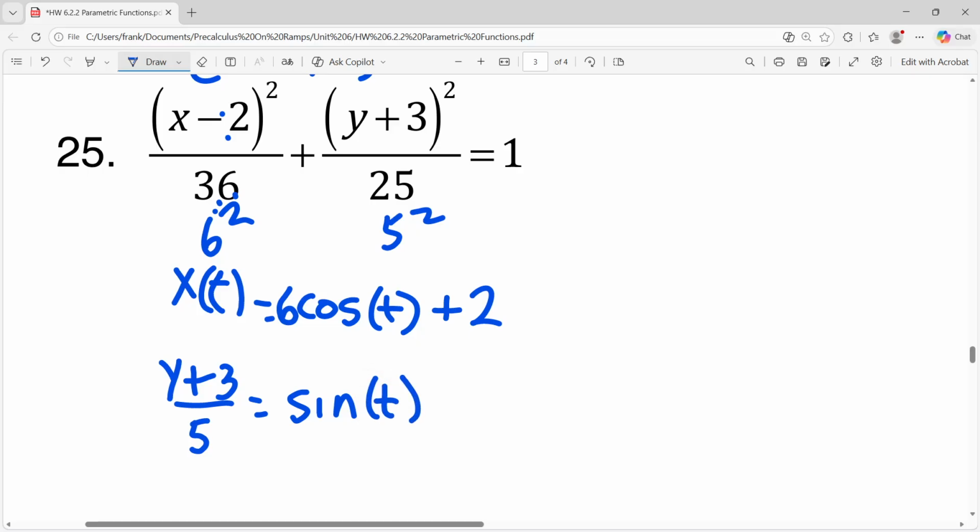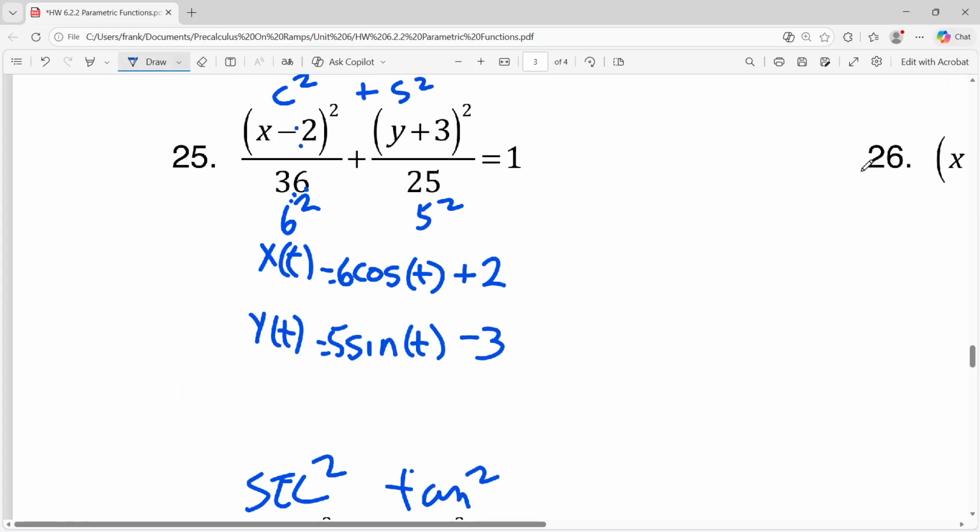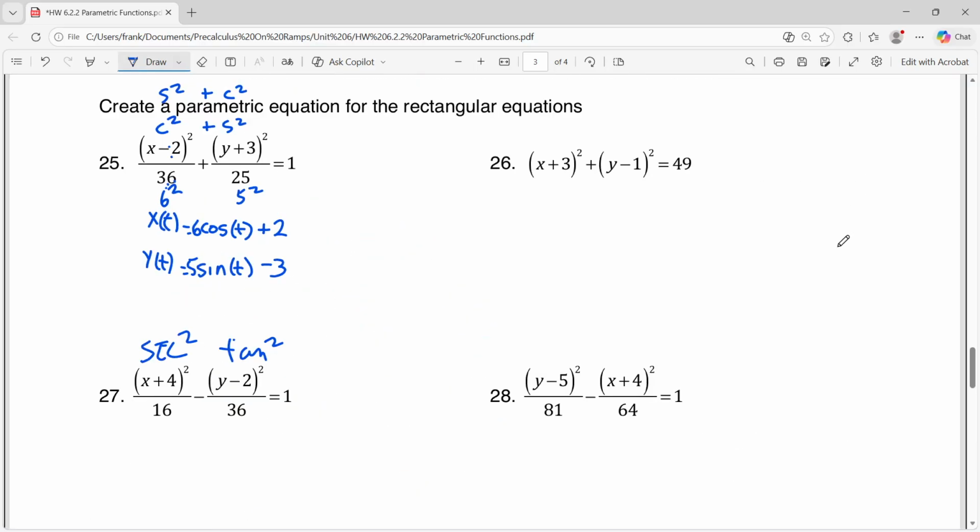I'm going to put the 5 there, multiply both sides by 5, subtract 3, and I'll just put the y of t. Y of t equals 5 sine t minus 3. Now again, I could have 6 sine t plus 2 and 5 cosine t minus 3. It doesn't matter. Both are positive.